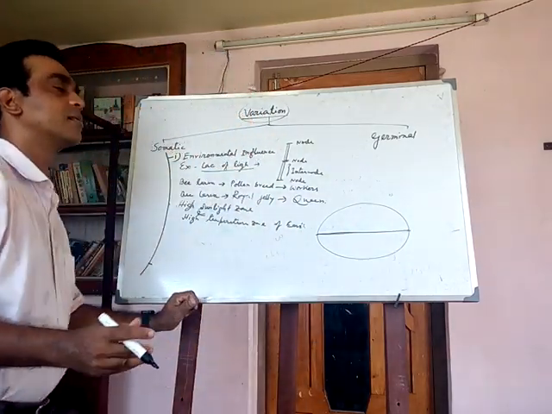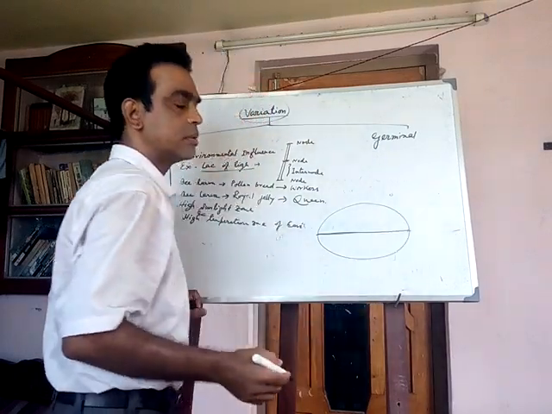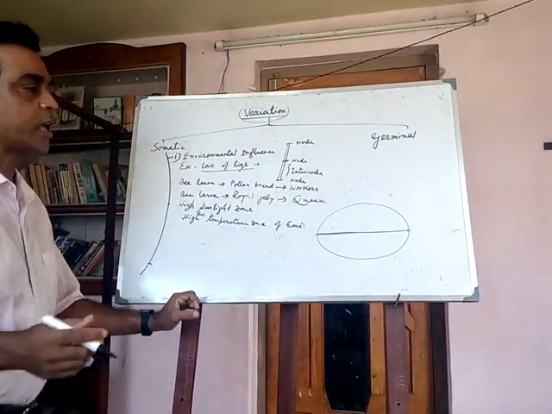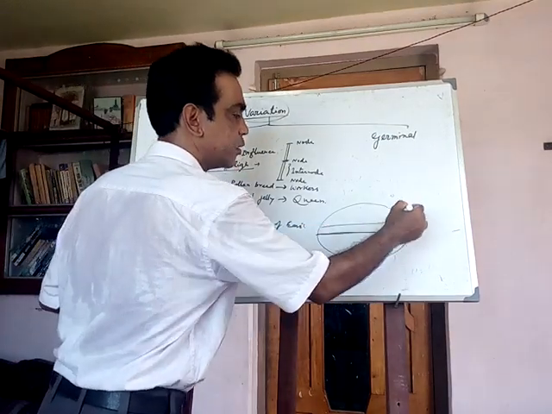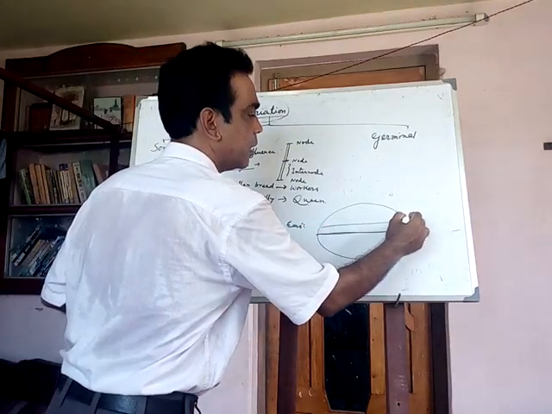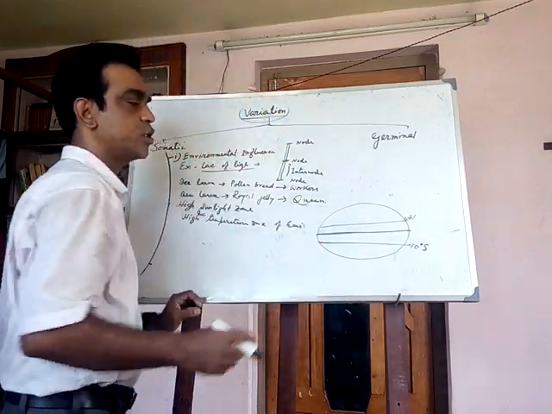All over the year the sunlight is thrown vertically into these areas, between 10 degree north and 10 degree south.